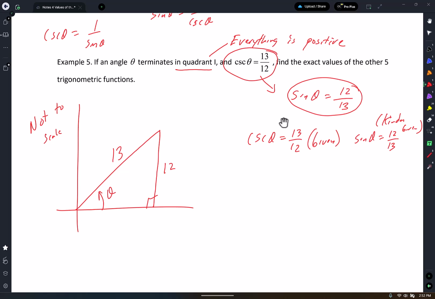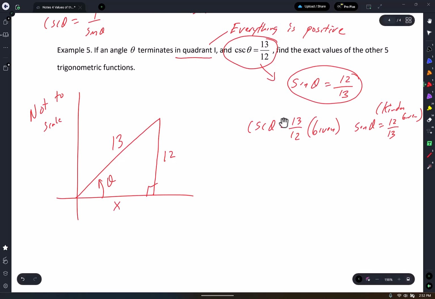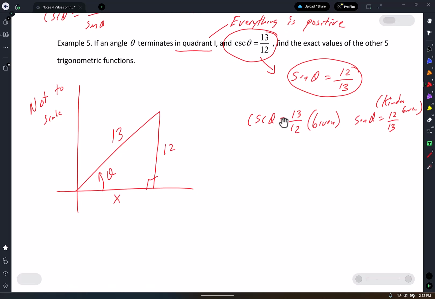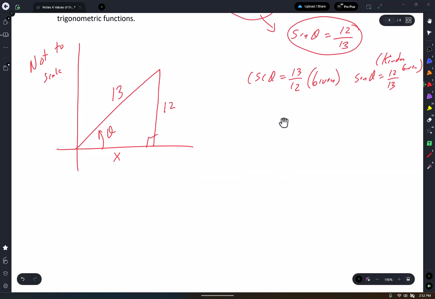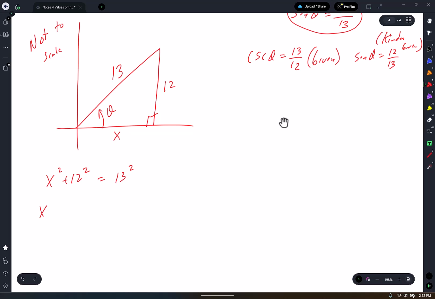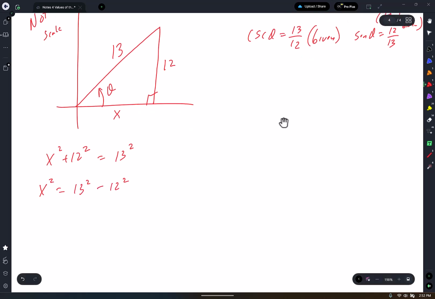All right. I need to figure out what my x is. Some of you already know this is a 5, 12, 13, your special right triangles. But if you don't know that, guys, just go x squared plus 12 squared equals 13 squared. And then to get x squared by itself, you just move the 12 squared to the other side. 13 squared minus 12 squared. So x squared equals, what's 13 squared? 169.